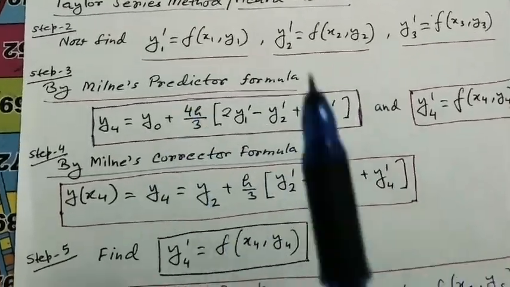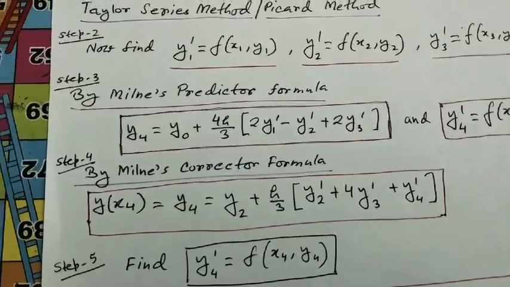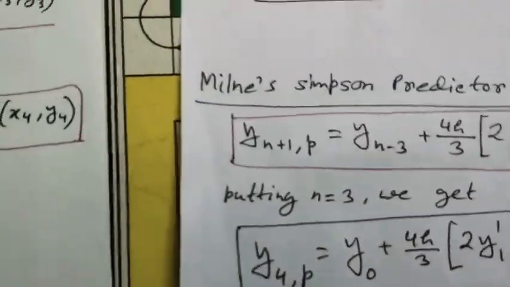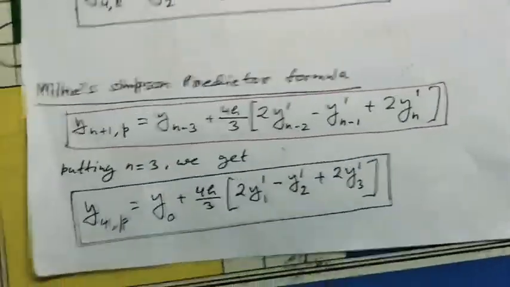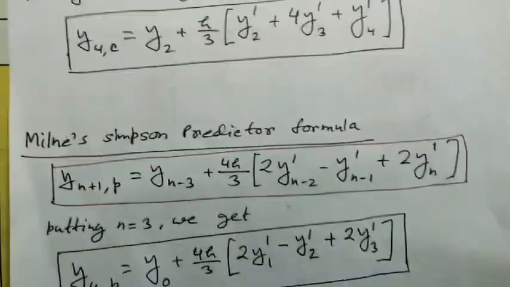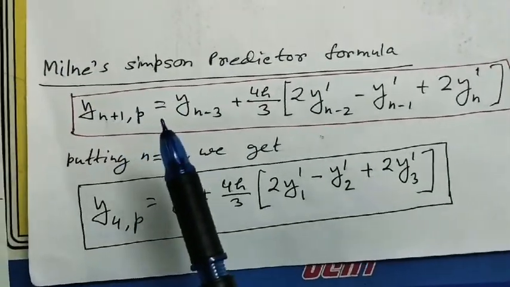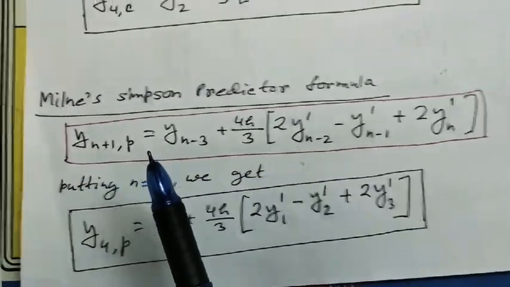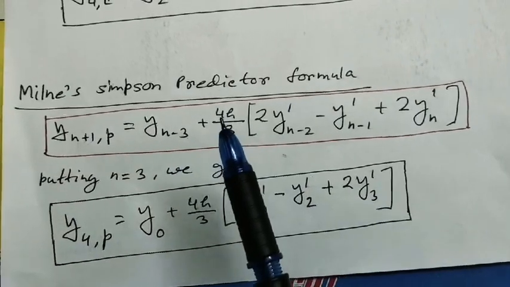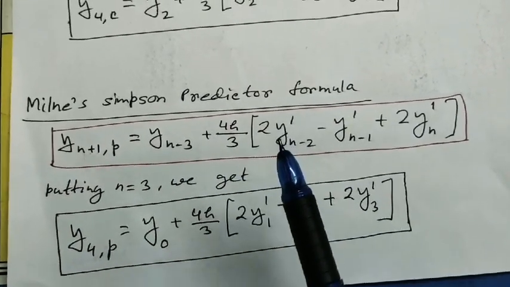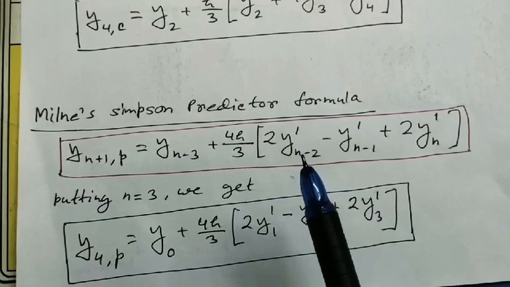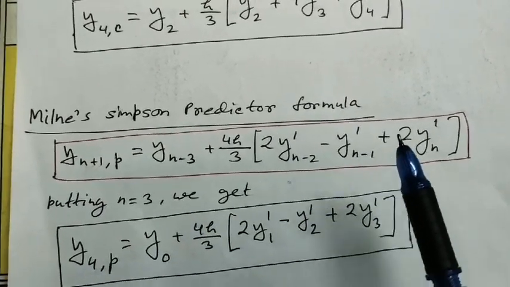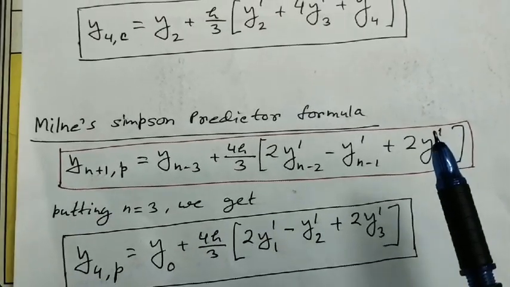So from where are we getting this? Just check Milne's predictor formula, the actual formula. Here yn plus 1 p is used for predictor, so yn plus 1 p equals yn minus 3 plus 4h by 3 into 2yn minus 2 dash minus yn minus 1 dash plus 2yn dash.